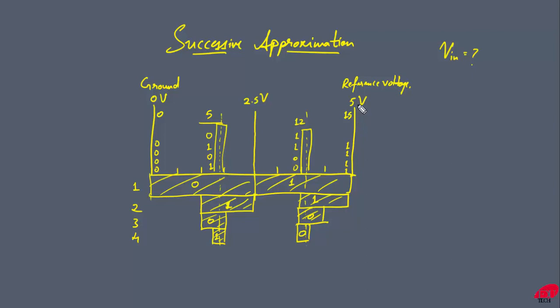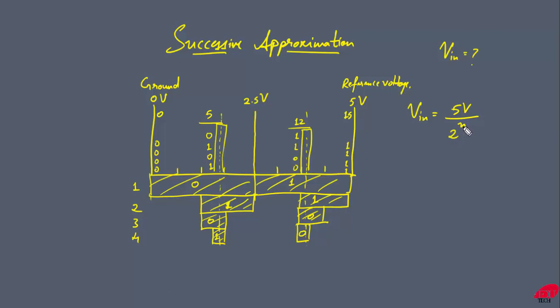Now if we have to find the appropriate input voltages for these two values, then Vin equals the reference voltage, that is 5 volt, divided by the resolution, which is 2 raised to n, into your result. For 2 raised to 1 it would be 2, for 2 raised to 2 it would be 4.